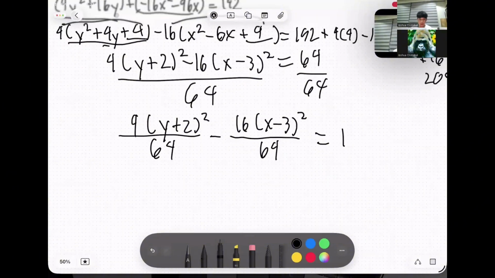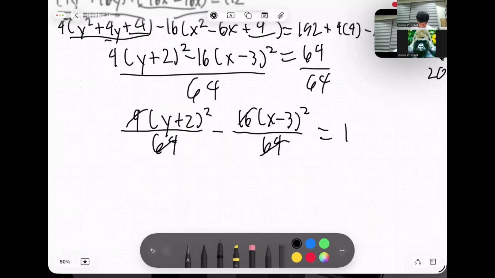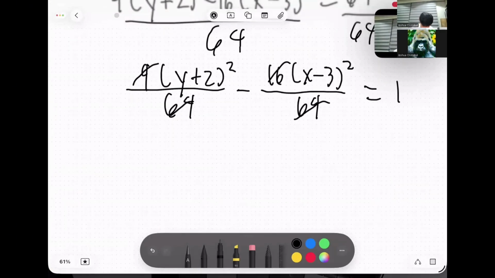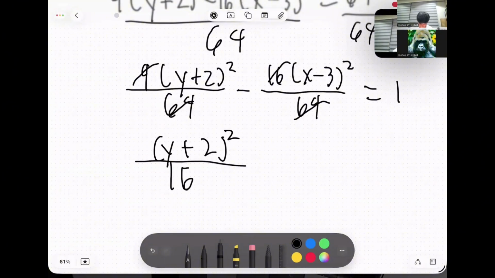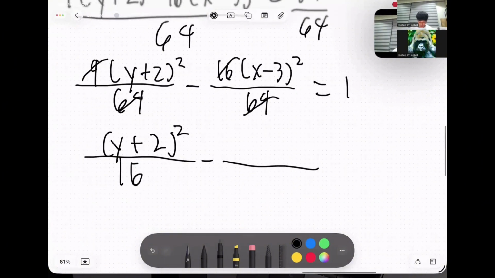Then let's just cancel these out, just divide. 64 divided by 4 is 16, all over y plus 2 squared, minus 16 divided by 64 is going to become 4, all over x minus 3 squared, equals 1.